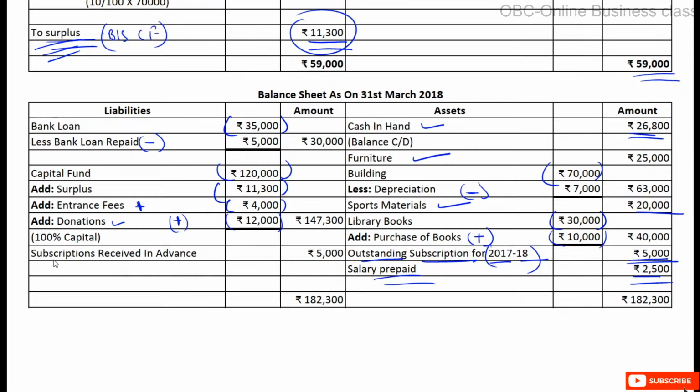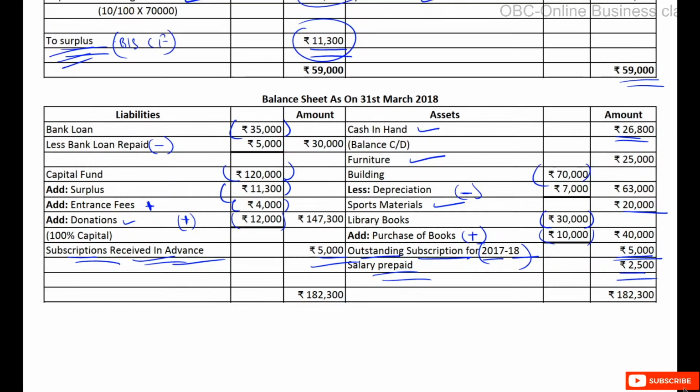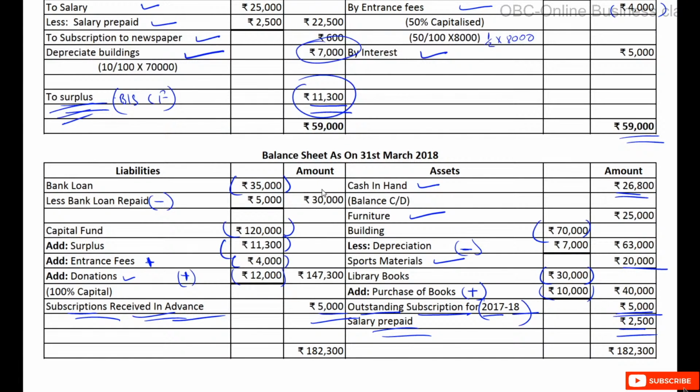So add subscription received in advance 5,000 rupees. Now we completed all the items. Just sum it up. You will get 1,82,300 rupees as a balance figure, or you should get a tally of 1,82,300.